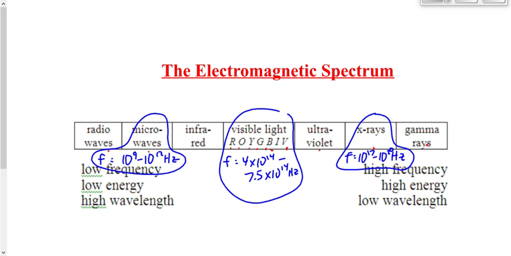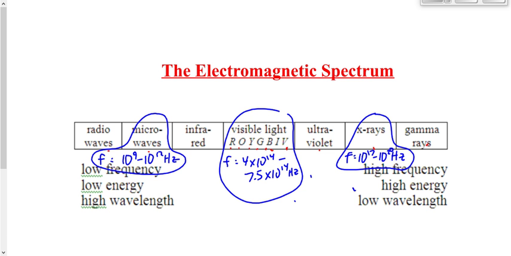You don't have to memorize it. That's ultraviolet. If it's in between visible light and X-rays, it's got to be ultraviolet. If I got 5.5 times 10 to the 7 hertz, what is it? Radio waves. If I get 10 to the 22 hertz, what is it? Gamma rays. So memorize these three and then figure out the other four. Got it? Okay, so we've learned 7, but we've only had to memorize 3.